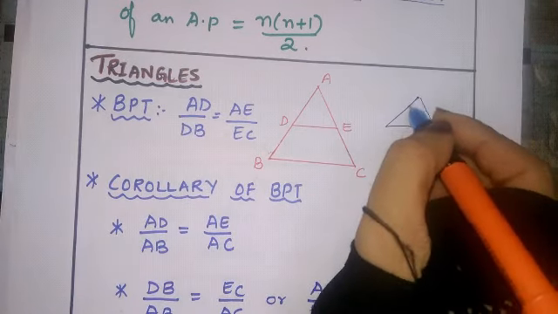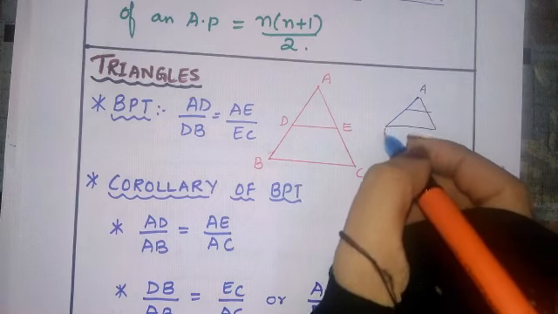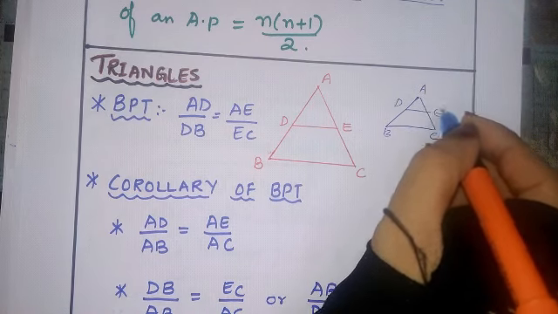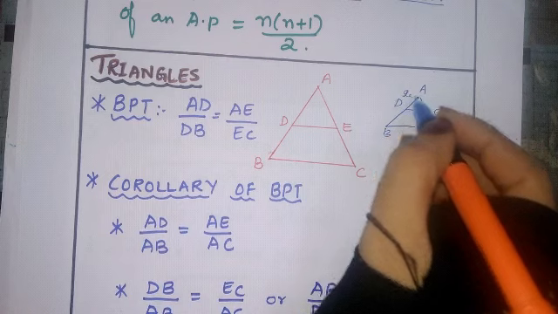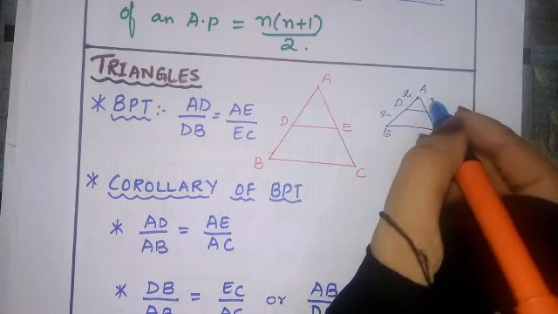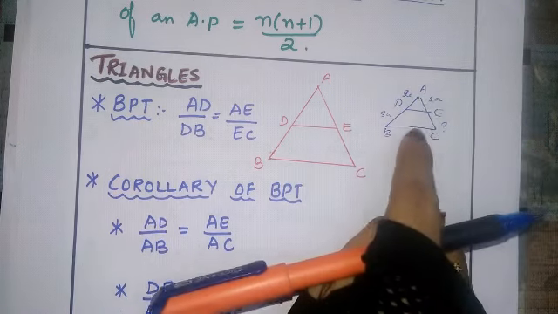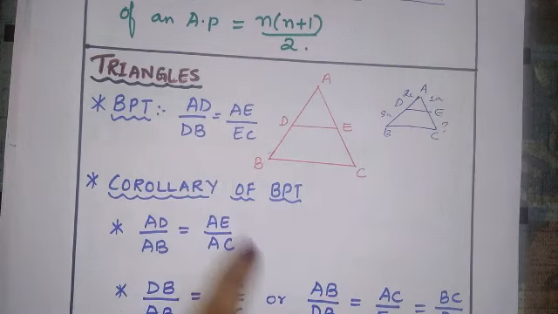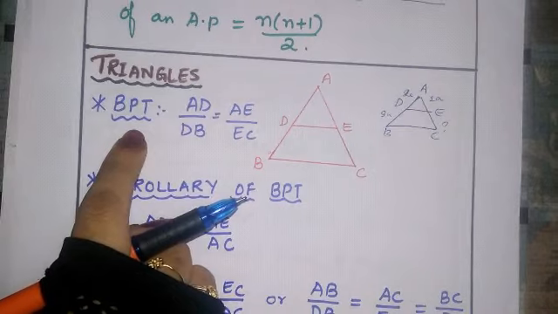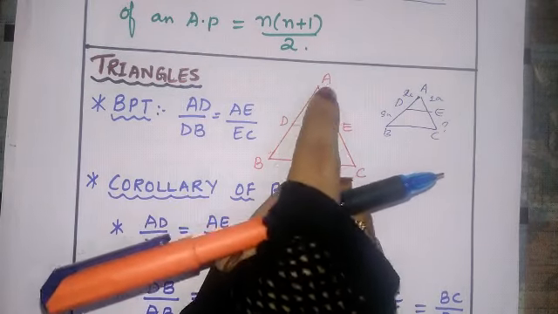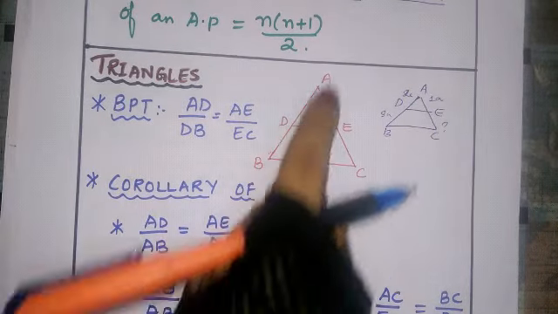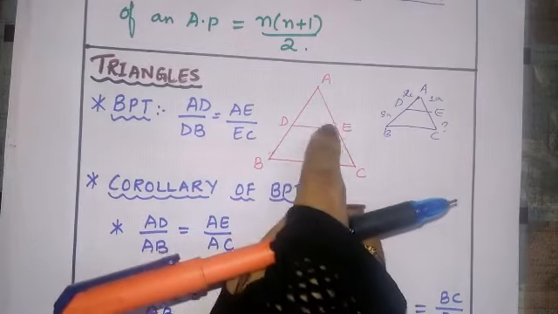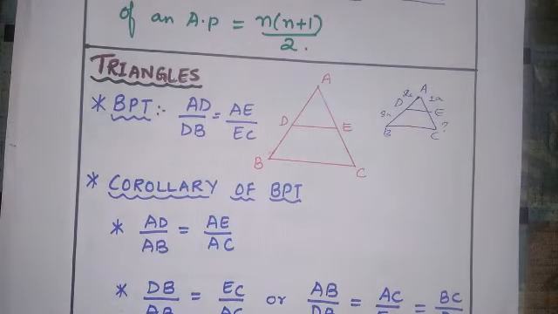For example, this is a triangle, they give A, B, C, D, E. If they give AE 2 cm, DB 3 cm, and so on, and ask to find EC, in this type of problems the BPT and the corollaries of BPT are helpful. BPT is nothing but half part upon half part, that is AD/DB = AE/EC. So this is BPT.